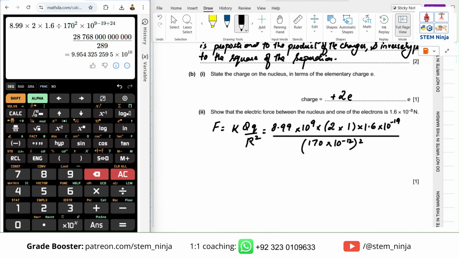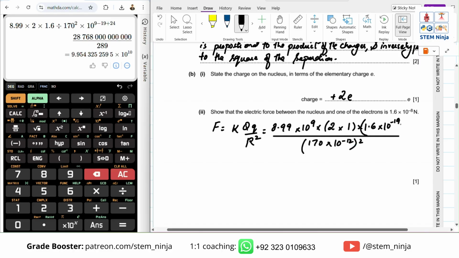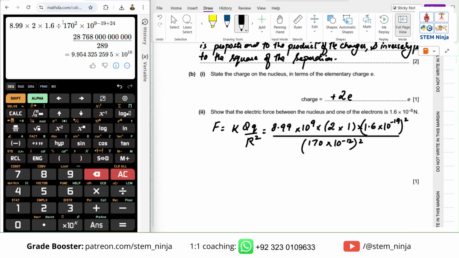Oh no, wait. There's some problem over here. K Q Q over R squared. Sorry, the charge would be squared also because it's 2e and then 1e. So 1.6 squared, and the 19 also becomes minus 19.